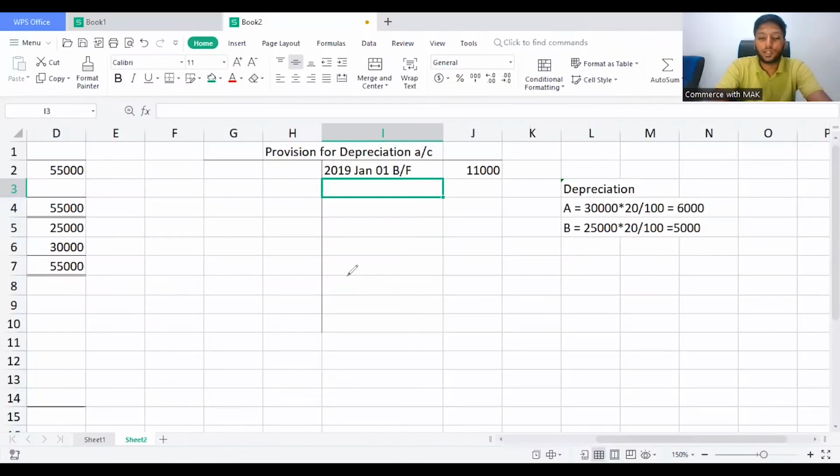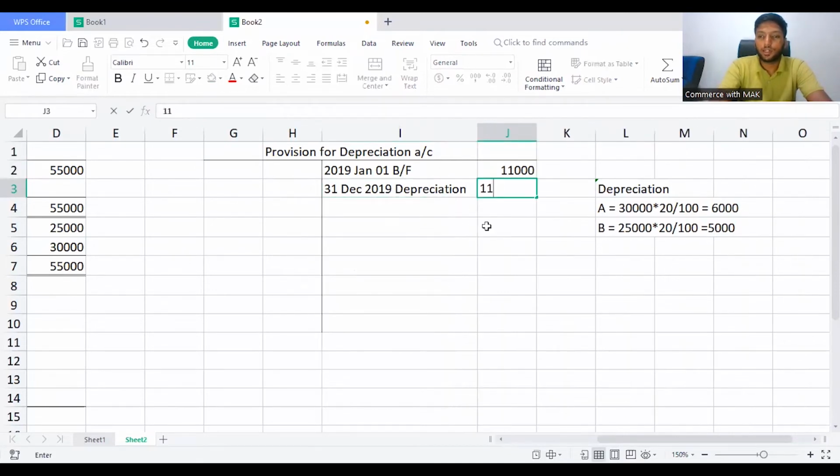Here in 2019, I'll write depreciation at the end of the year, 31st December 2019. I'll write the depreciation value here.